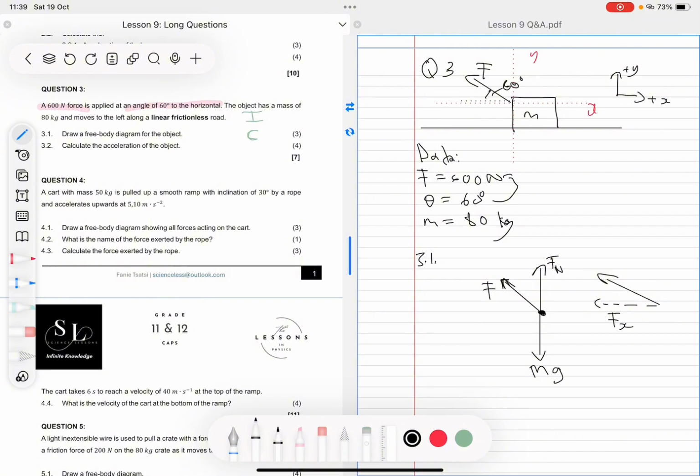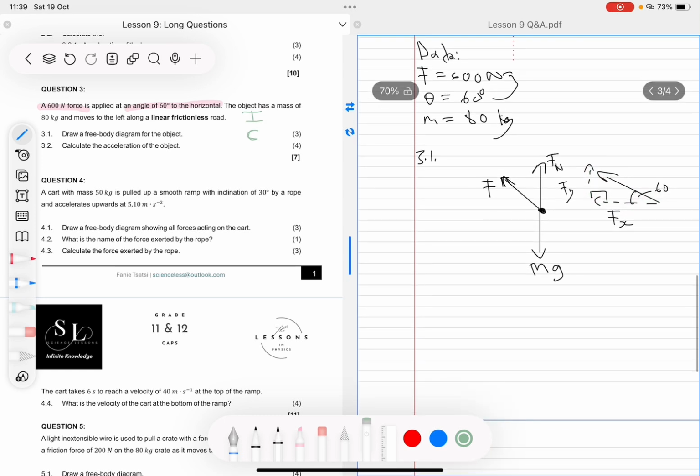Actually, I'll move it to this direction. This side here will be your Fy, and the angle here will be the 60. So it will make a 90-degree angle here. So we have a right angle triangle here, so you can use your trig ratios to solve this problem.